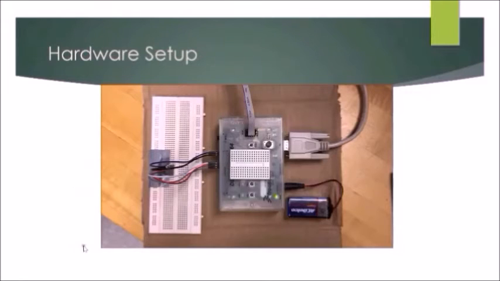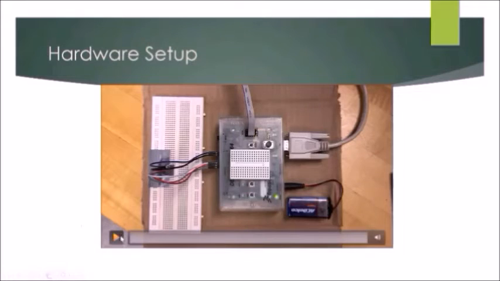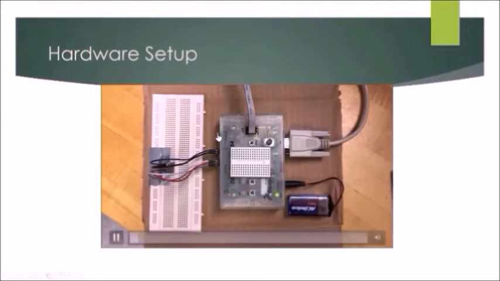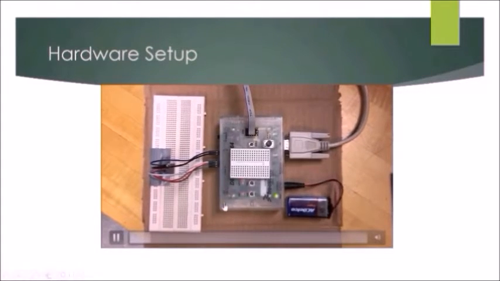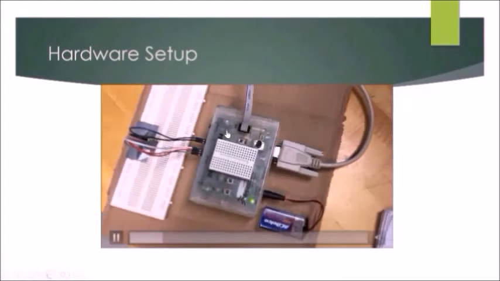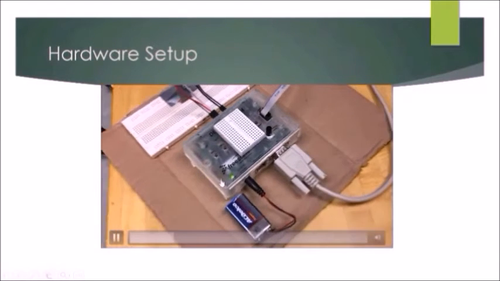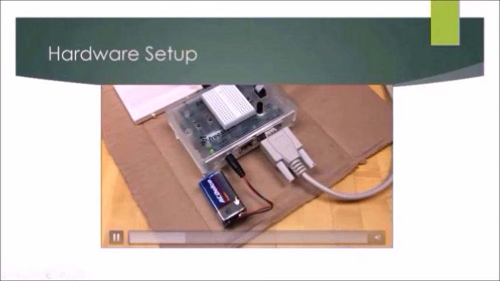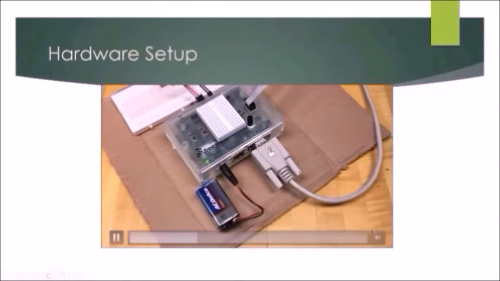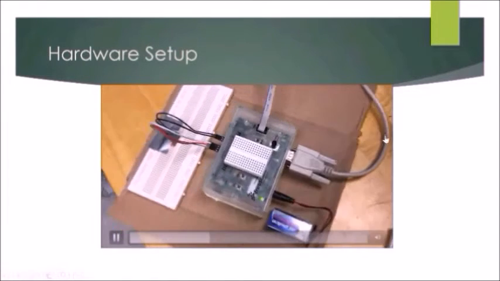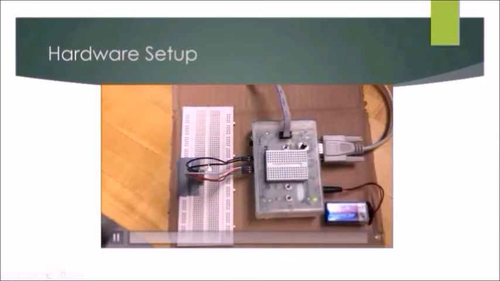So this is our video. Let me start it. As you can see here, the rectangular box is our microcontroller, DEMO9S12NE64. It's plugged in with a 9 volt battery supply. This is the serial connector, and the second end is connected with the CPU.